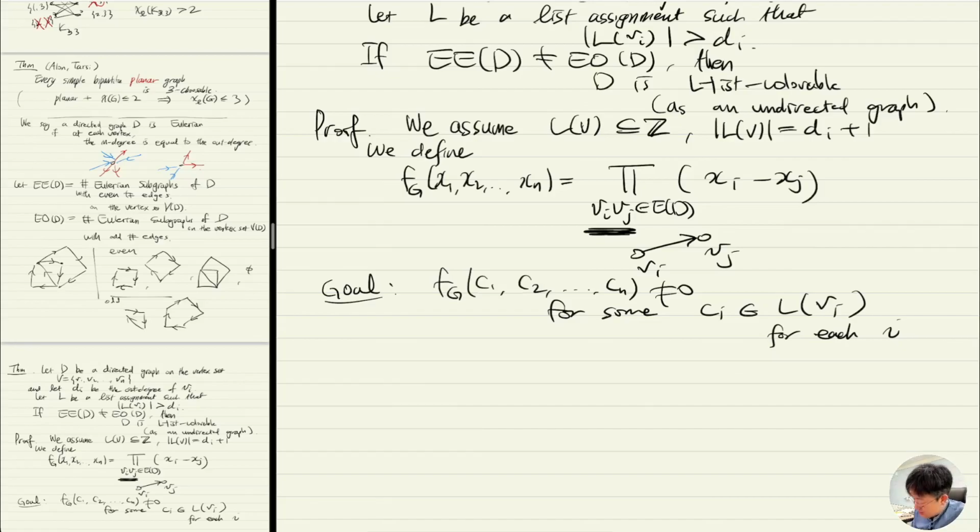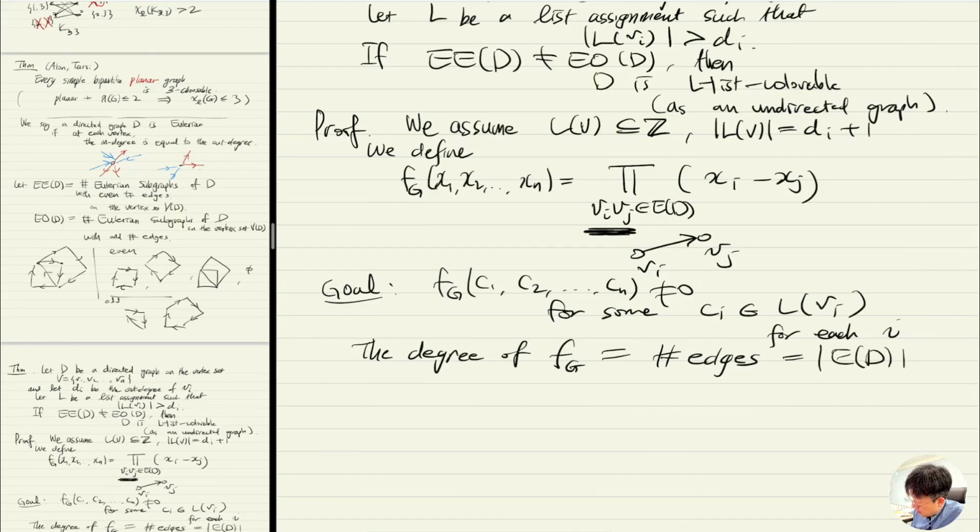So what is the degree? The degree of F of G is the number of edges. Right, that's the degree. But the number of edges is equal to the sum of the di's. Right?